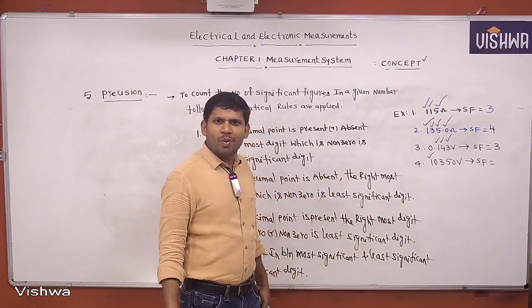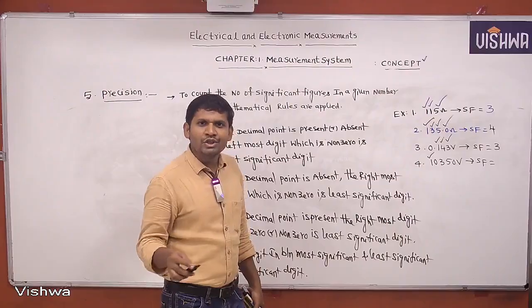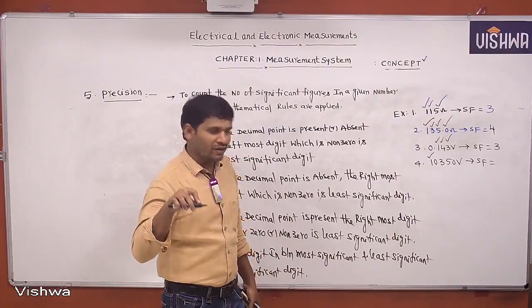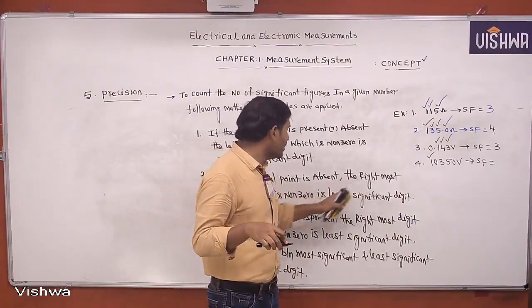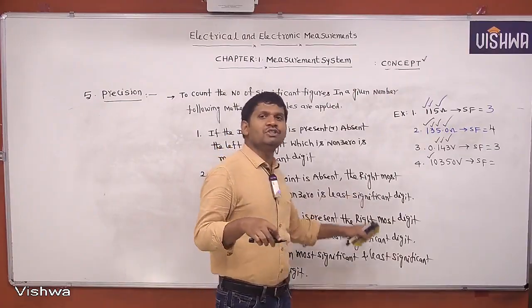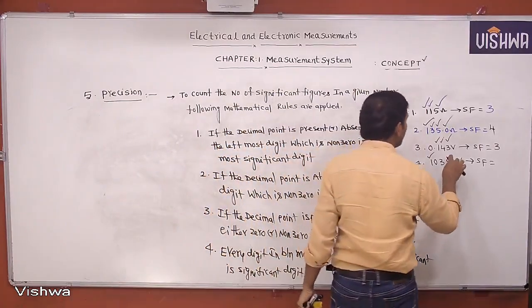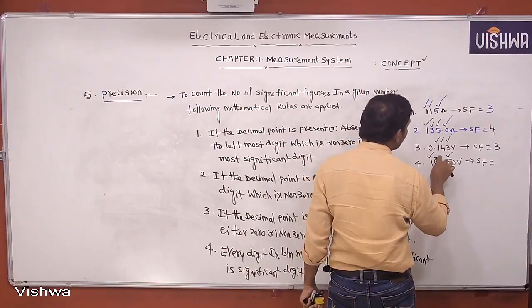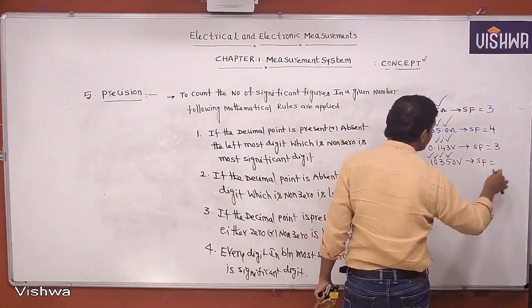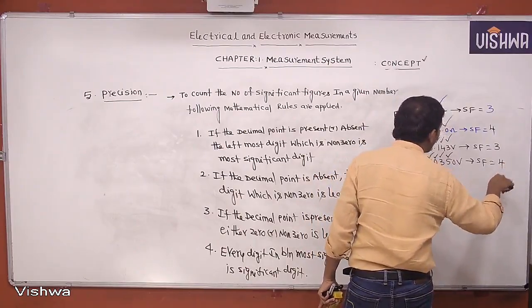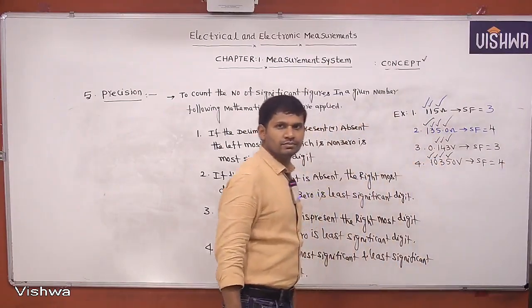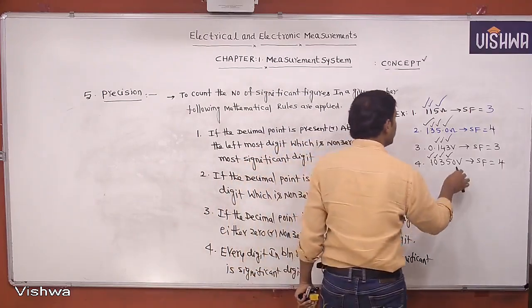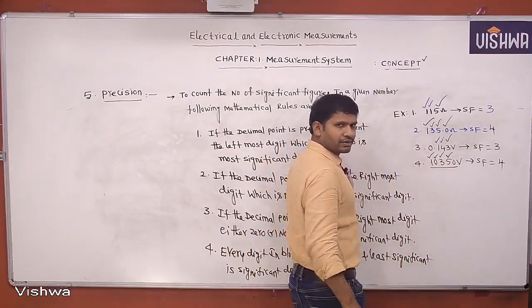If the decimal point is absent, the rightmost non-zero is the least significant, not the 0. That's why the 5 is. Then every digit in between is significant. Then how many significant figures? 4 significant figures. It's not 5. This is important.